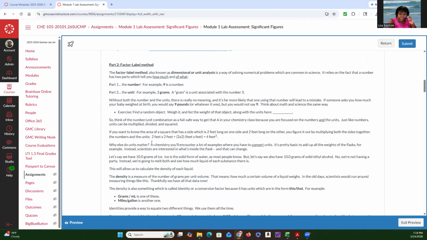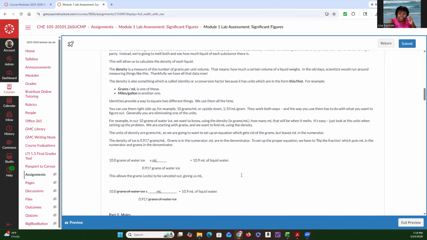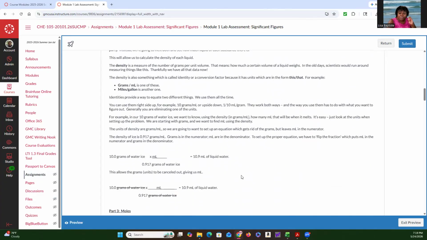So if we have, for example, 2 feet times 2 feet, we are not only multiplying the two numbers, which is 2 times 2, but we're also multiplying the units, which is feet times feet. So that would give us 4 feet squared, all right? So remember, if we are multiplying or dividing numbers with units, we want to multiply and divide the units as well.